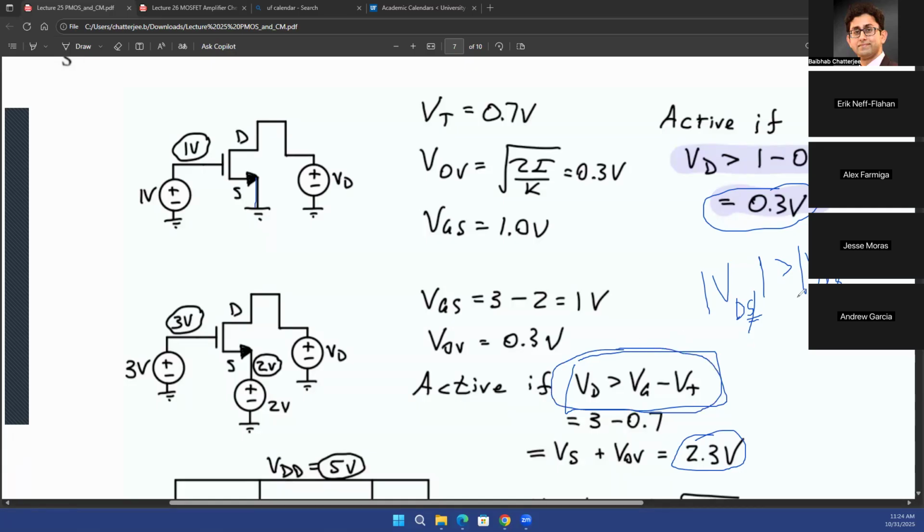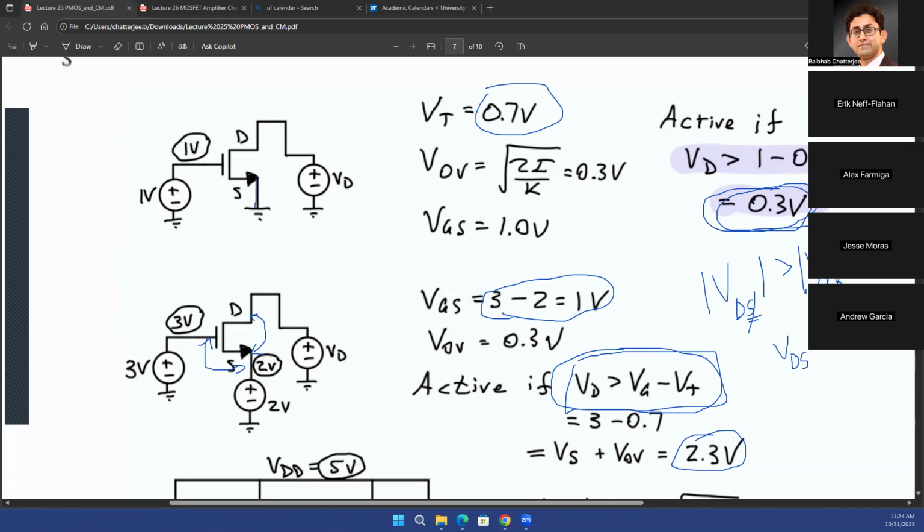The other way to do it is to say that my VDS, which is this voltage, needs to be higher than VGS minus VT. Now, what was my VGS? VGS was 1 volt and VT was 0.7 volts, so 1 volt minus 0.7 volt gave you 0.3 volt, the same as the previous formula. VGS minus VT is still 0.3 volt. But what it says is that VDS needs to be higher than 0.3 volt.